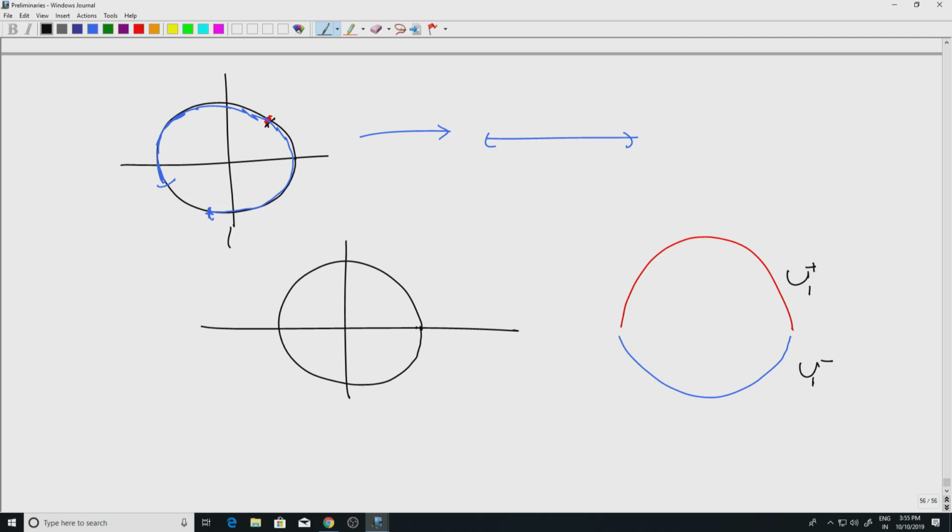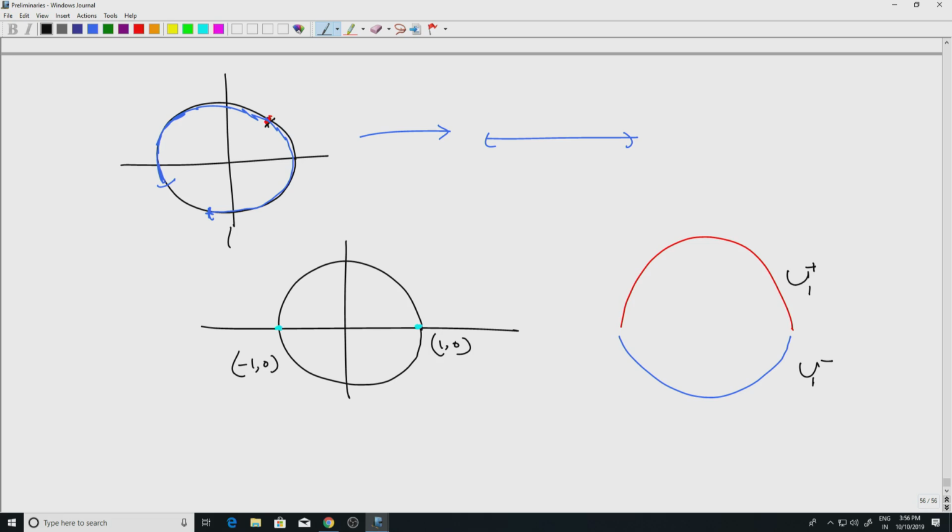So the problem with just these two is that, of course, this point and this point, which are actually just minus 1, 0, 1, 0, these 2 points are not in either U1 plus or U1 minus. So just to take care of these 2 points, I'll have to throw in 2 more arcs.